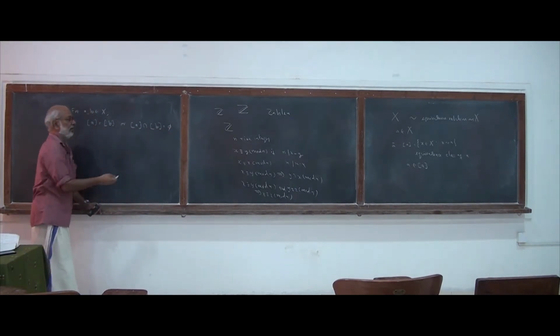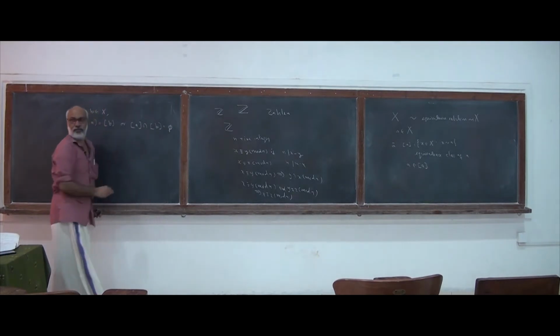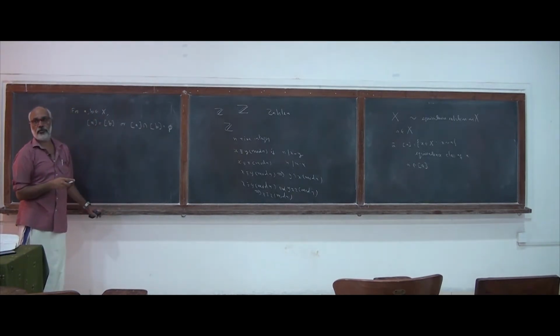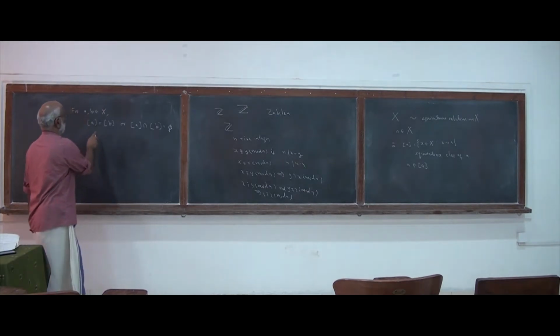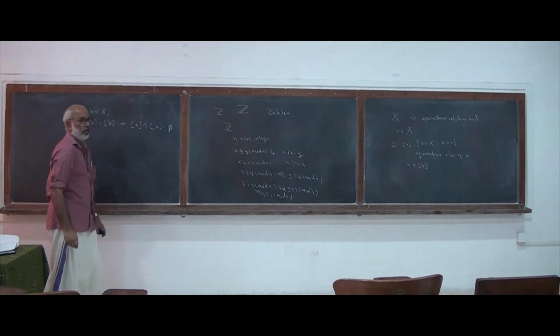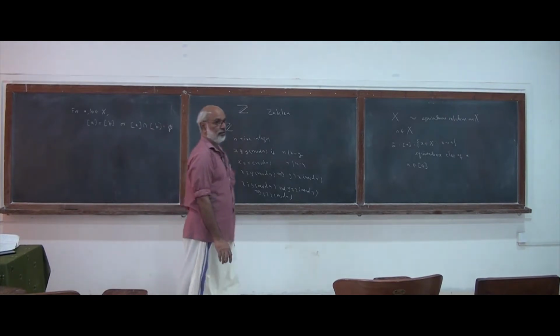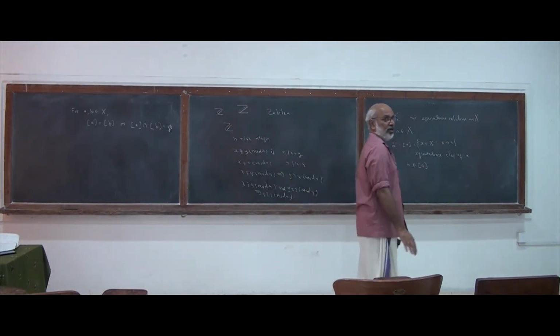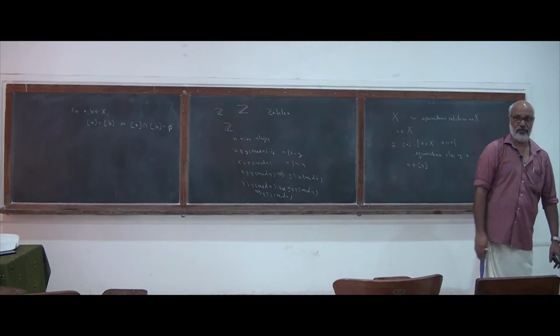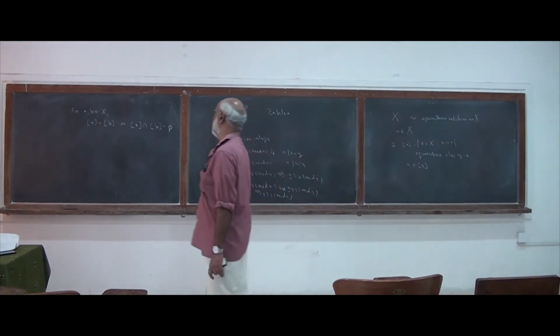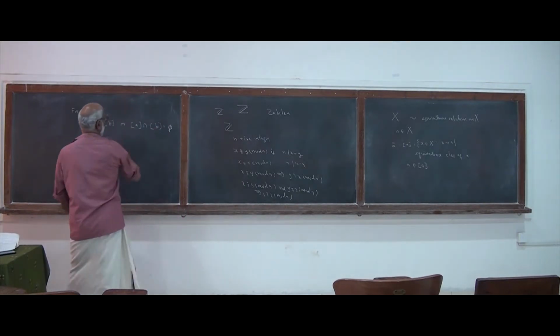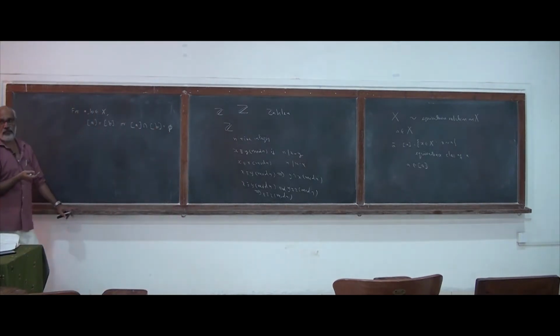Disjoint means their intersection is empty. If intersection of two sets A and B is empty, we say that A and B are disjoint. So, for elements A and B, one possibility is that equivalence class of A and equivalence class of B are one and the same, or they are disjoint. This can be proved easily.